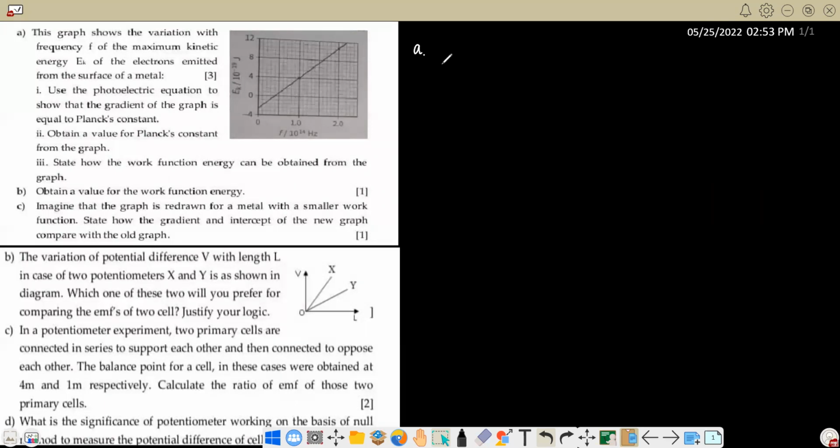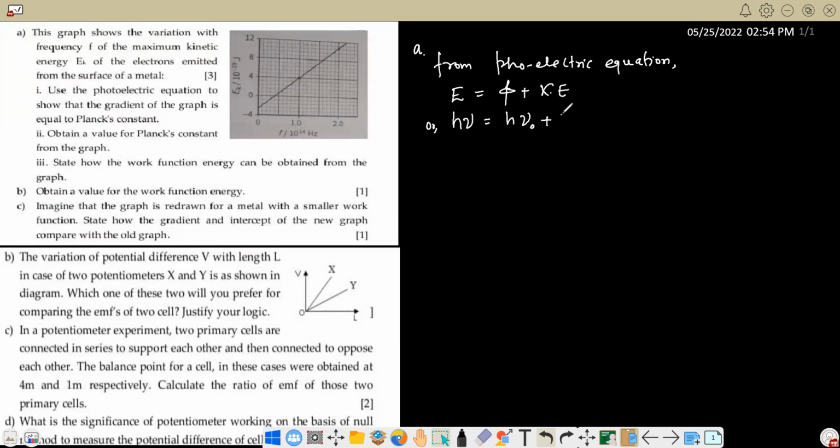So we know from the photoelectric equation, what we know is: total energy of the photon equals work function plus kinetic energy. So this is your frequency supplied times Planck's constant, equals this threshold frequency term plus kinetic energy.